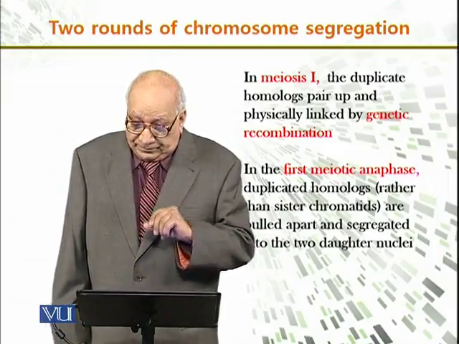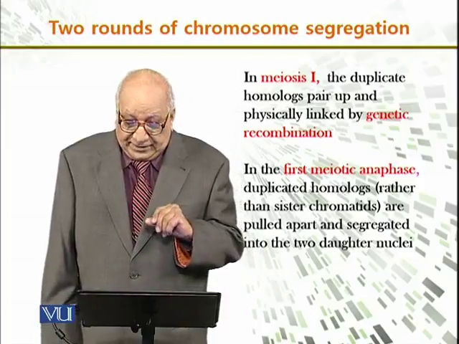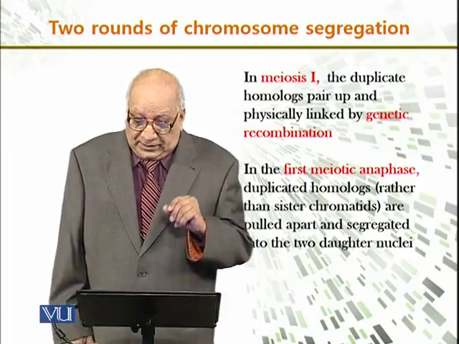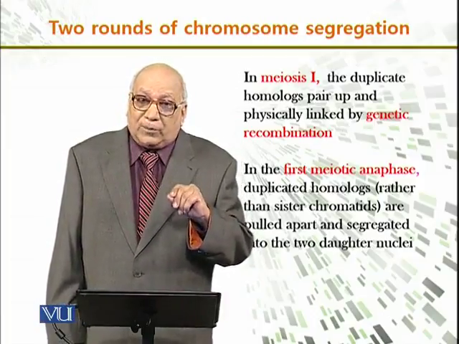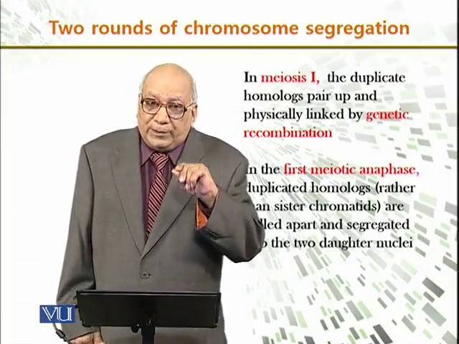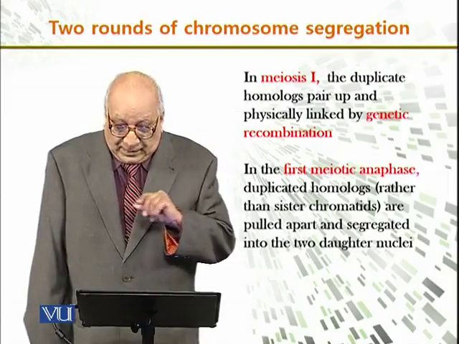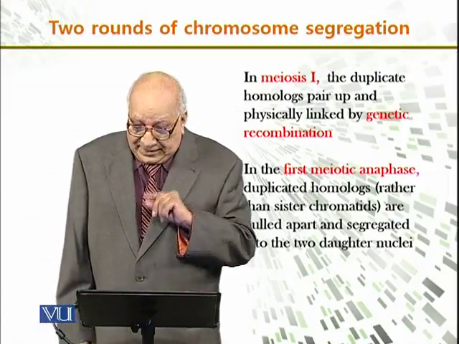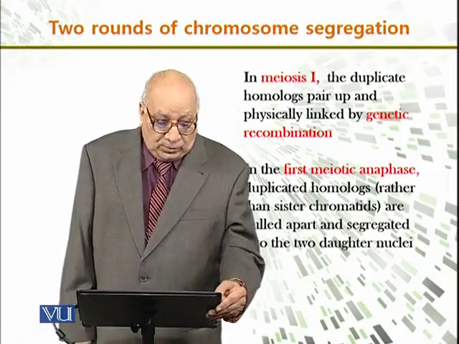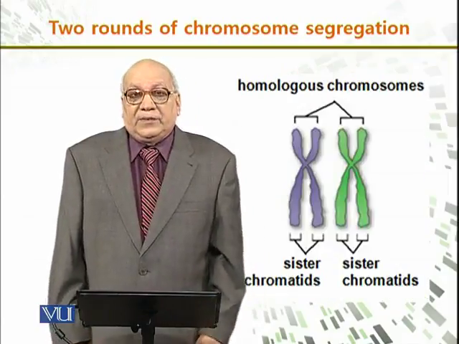In the first meiotic anaphase, duplicated homologs, rather than sister chromatids, are pulled apart and segregated into 2 daughter cells, just as shown here.